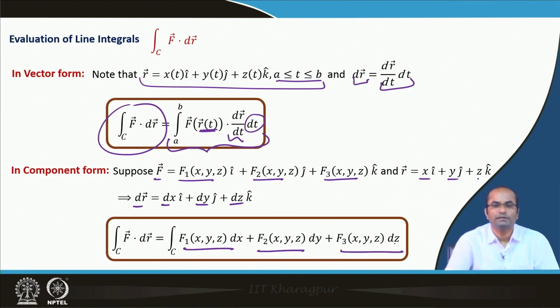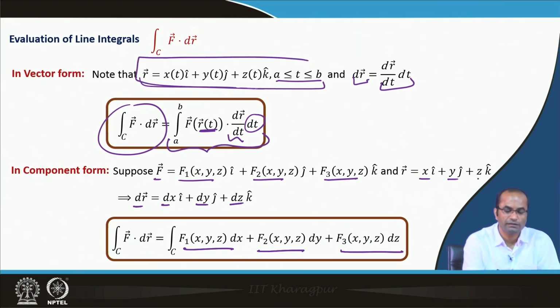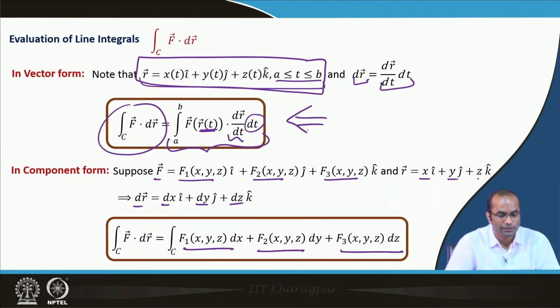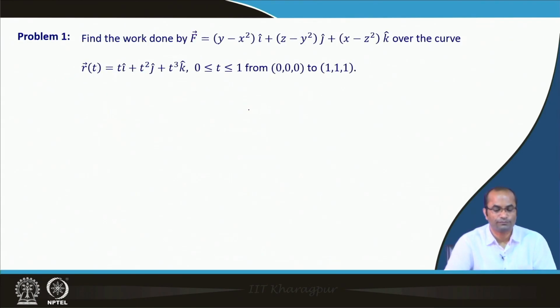What we will observe in the examples is that in some cases the parametric equation is easily available or given in the problem, and then we can apply the vector form. When it is given in Cartesian coordinates or component form, then we can do this integral in dx, dy, dz. We will observe in particular examples how to evaluate using the component form or the vector form.